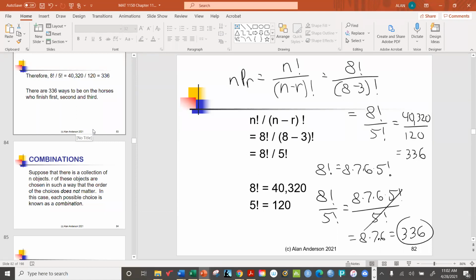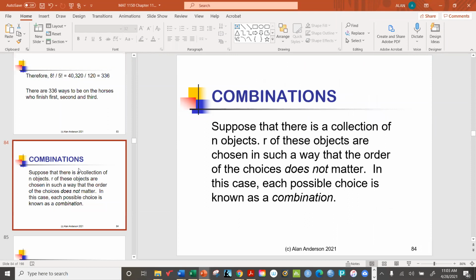The choices are referred to as combinations. So here I'm choosing objects from a larger group in such a way that the order does not matter. Now, of course, that means that the formula will be a little bit different. Okay, so let's see some examples of this.